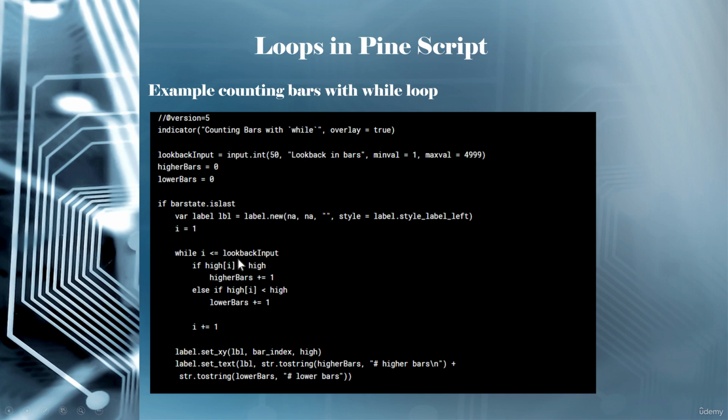We basically iterate here 50 times, because the default value for the look back input is 50, but it could be more if you change this parameter. So basically this is an example of how a while loop can be used.